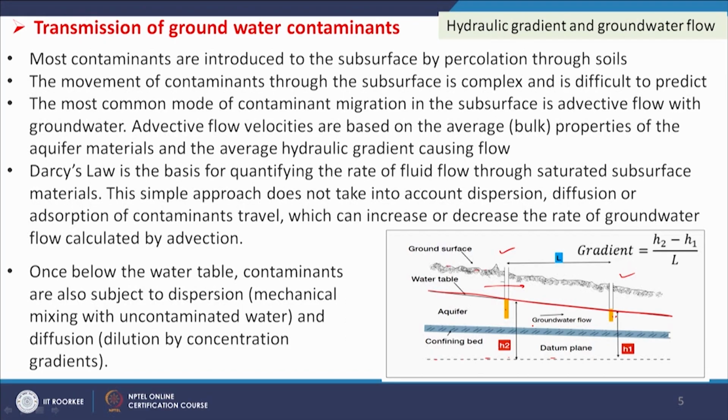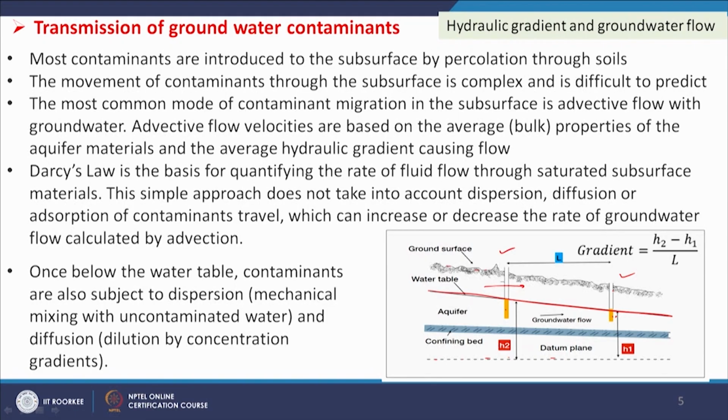So, the gradient, the difference in the head, gives the driving force for the transmission of the pollutants in this water or in the subsoil layers also. But subsoil transmission is not so easy, it is a complex process, and the structure of the soil will influence along with this gradient.